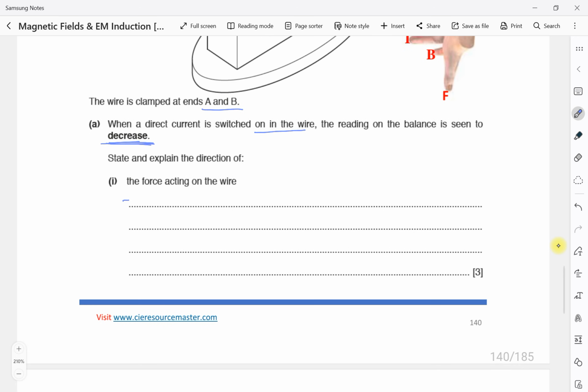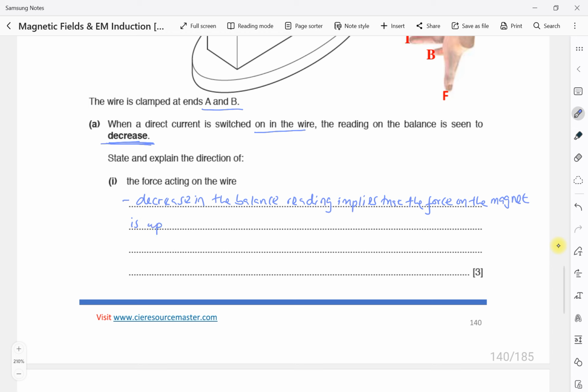So a decrease in the balance reading implies that the force on the magnet is upwards.